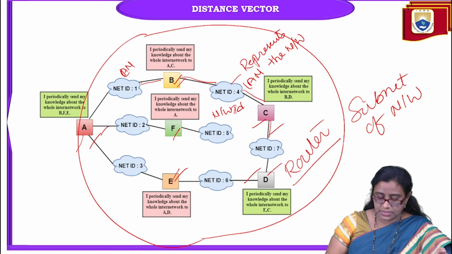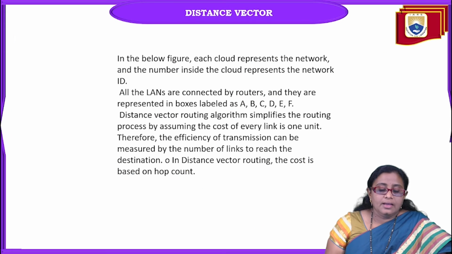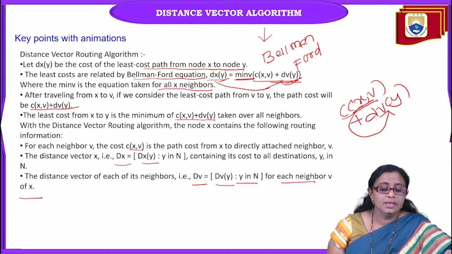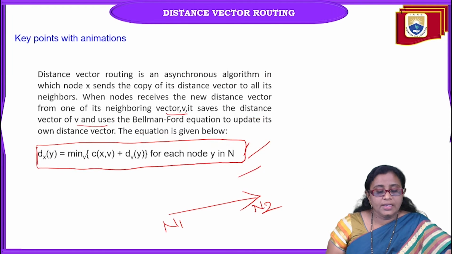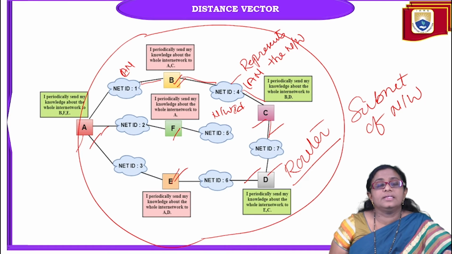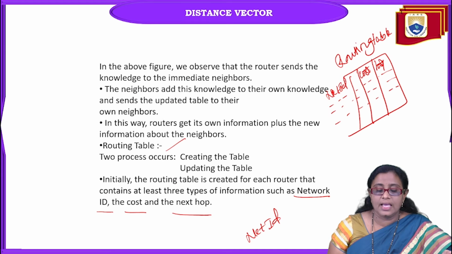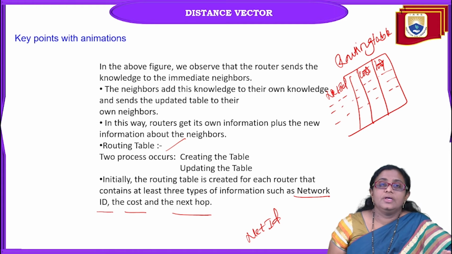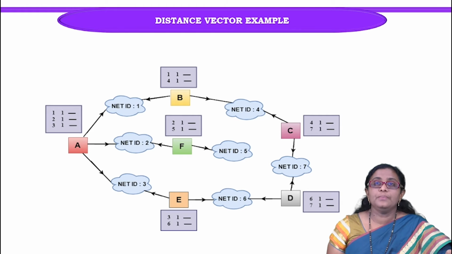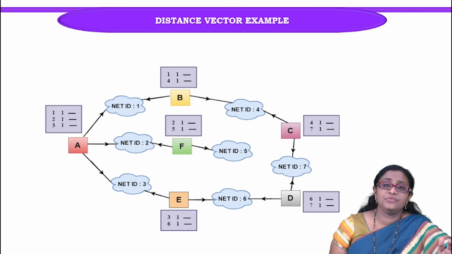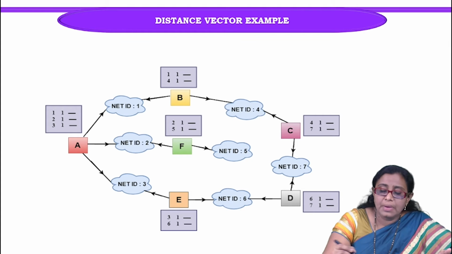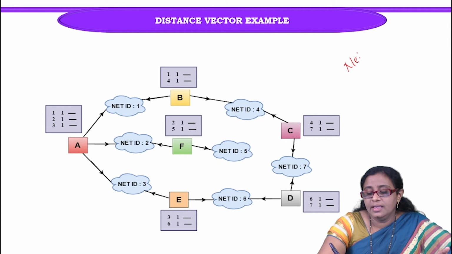And if you take the second concept of the distance vector routing algorithm, mainly it is iterative, asynchronous as well as distributed networking. Again, taking the same previous example, it is the second example, by means of a network ID as well as the hop.